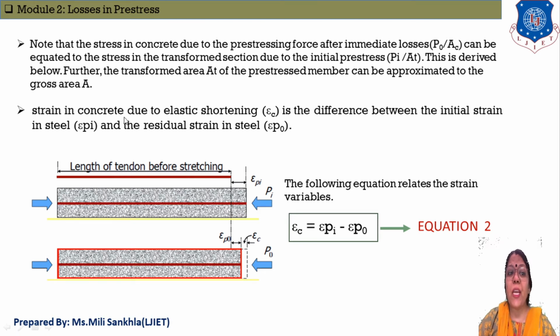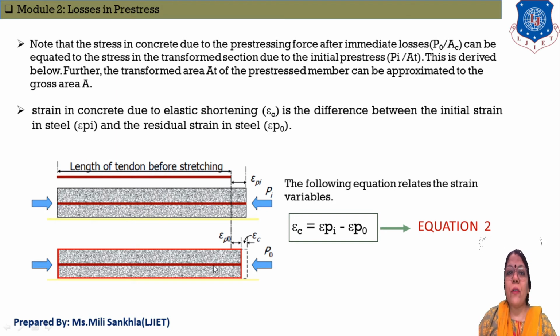The strain in concrete due to elastic shortening, epsilon c, is the difference between the initial strain in steel, epsilon pi, and the residual strain in steel, epsilon p0. The member is subjected to initial prestress, and because of this the initial strain is induced in the prestressing steel.